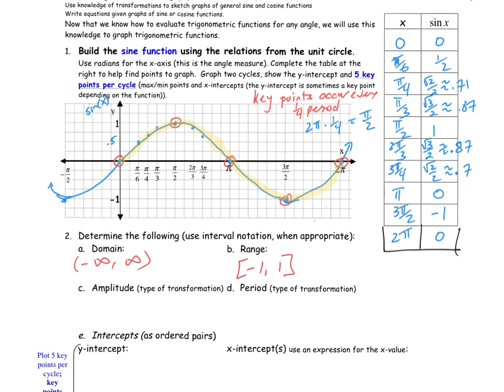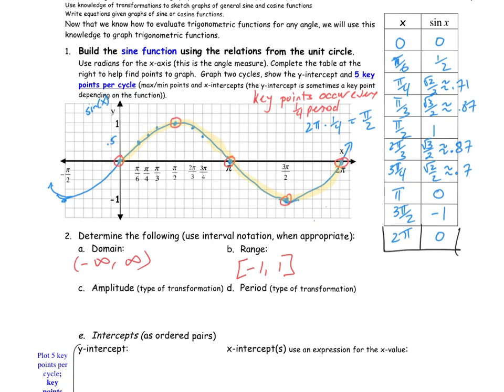The amplitude. Okay, so amplitude is terminology that has to do with periodic functions like sine or cosine graphs. So the amplitude is the distance from the midline to the maximum. So I will write on here.